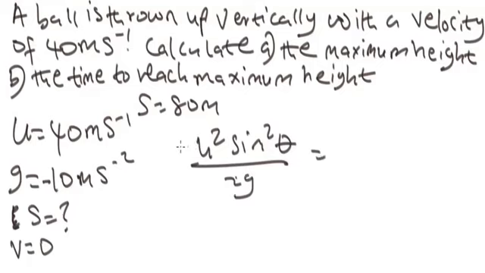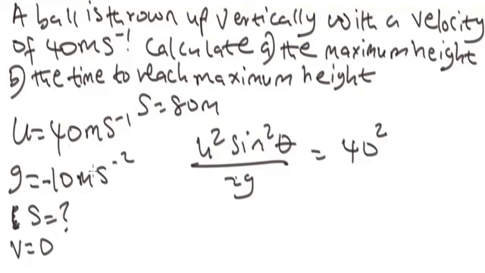Our u is 40, so that's 40 squared. Sine squared means you multiply sine theta by sine theta, over 2 times g.